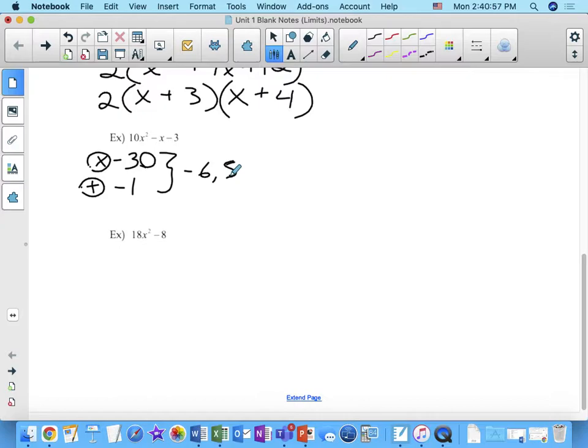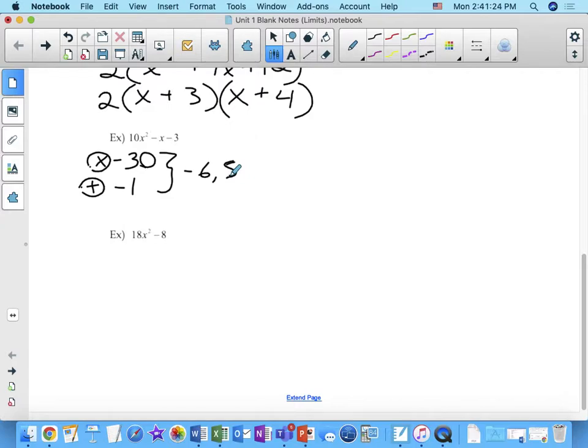Once you have those two numbers, I've seen people either use decomposition or the box method. Which way do you usually do it? Or sometimes people do half and half. Do you usually do it all on one line?